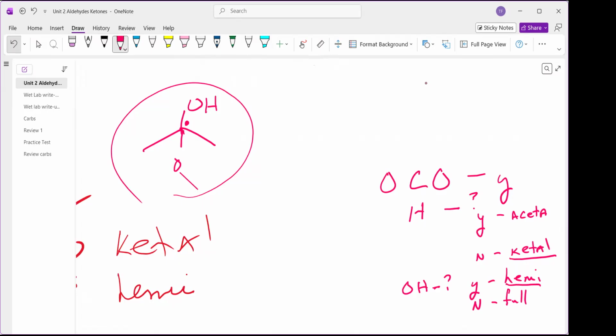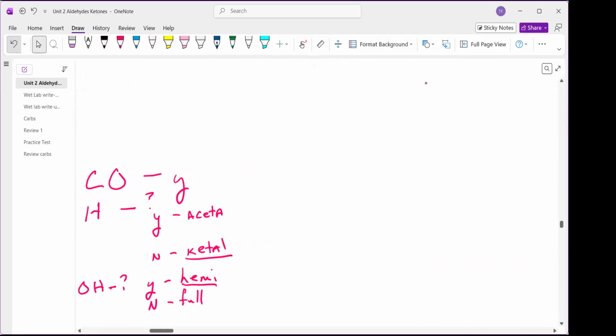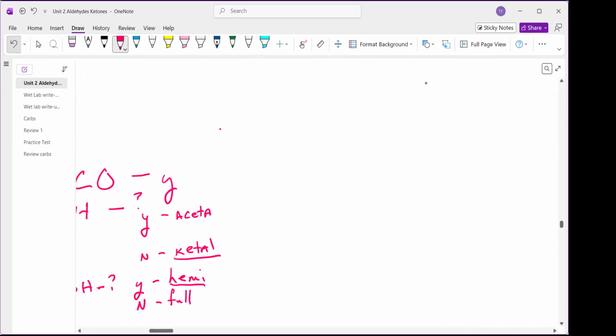All right. Let's do another one. So OCO, OCO, so that's a yes. That means the C is the anomeric carbon.